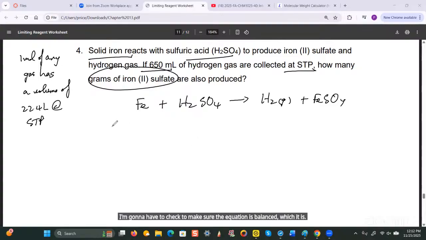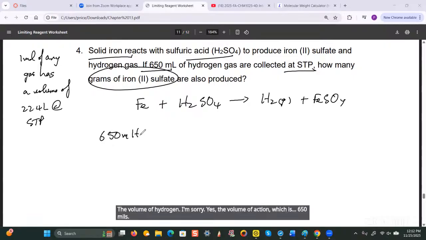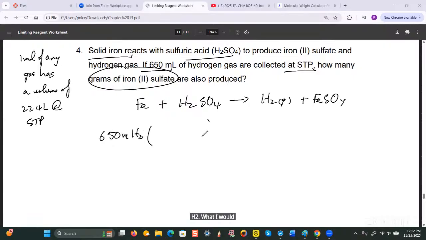Now what I will do is start off with the volume of hydrogen, which is 650 mL H2. What I would do is convert this to liters first. So we know that 1 liter of hydrogen will be equal to 1,000 milliliters of the same, so that will go with that.